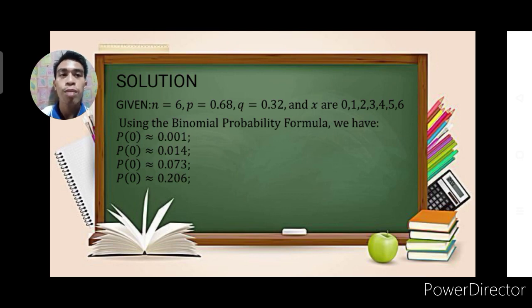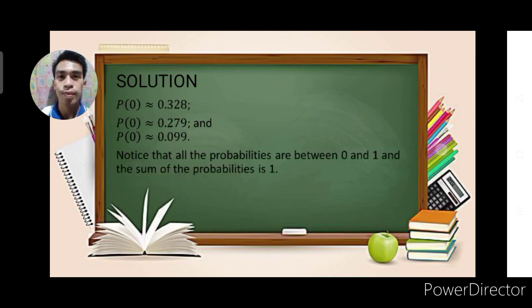Using the binomial probability formula, we have P(0) is approximately 0.001, P(1) approximately 0.014, P(2) approximately 0.073, P(3) approximately 0.206, P(4) approximately 0.328, P(5) approximately 0.279, and P(6) approximately 0.099.